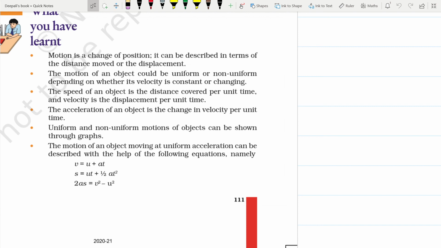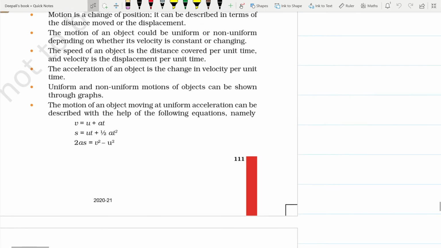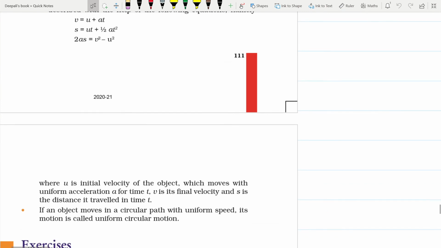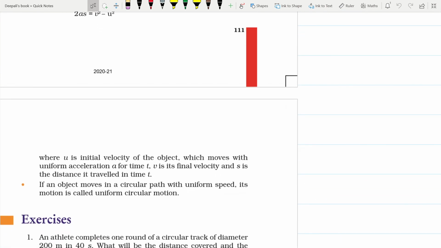Uniform and non-uniform motion of the object can be shown through graphs, and the motion of an object moving at uniform acceleration can be described with the help of the following equations, namely v = u + at, s = ut + ½at², 2as = v² − u², where u is the initial velocity of the object which moves with uniform acceleration a for time t, v is its final velocity, and s is the distance traveled in time t.